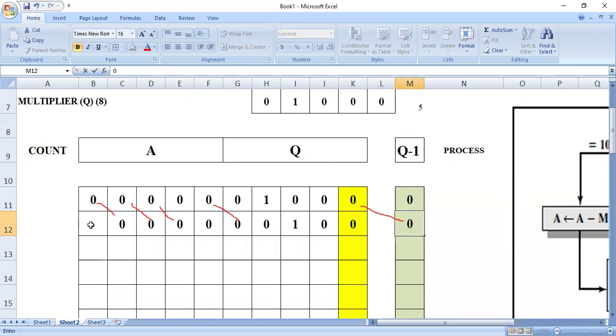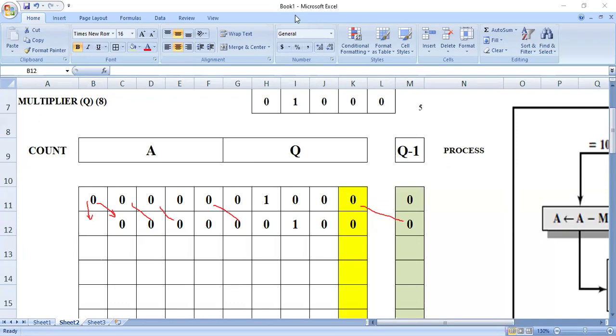Now we can observe the MSB portion of A is empty. We have to fill it. The data which has been in the MSB has to be shifted, and at the same time the same value will be stored in the same position also. So I repeat, the MSB value will be shifted, and the MSB value will also be stored in the same position.